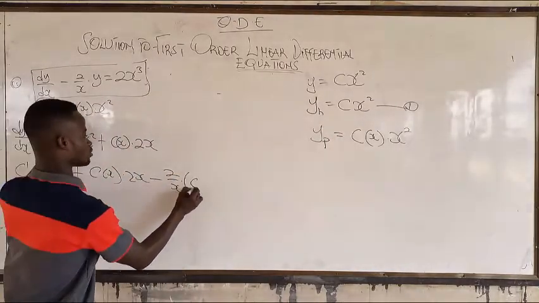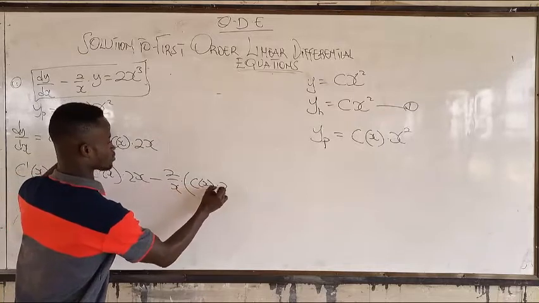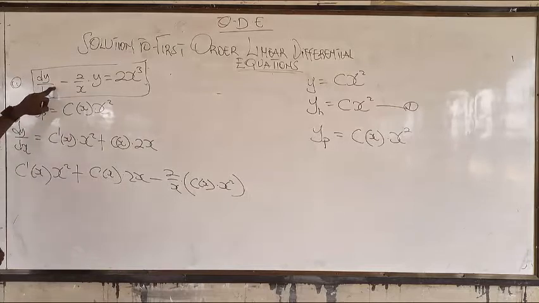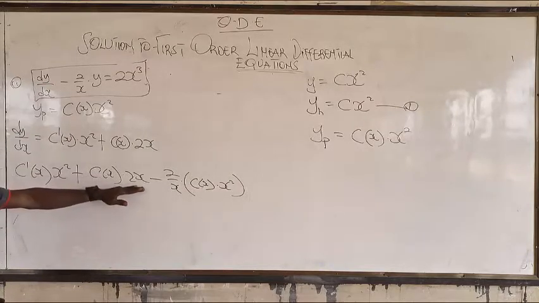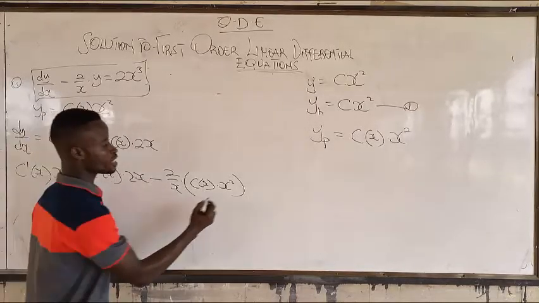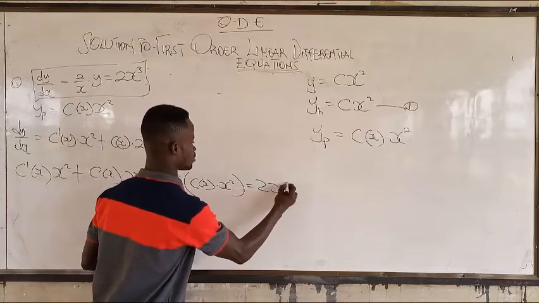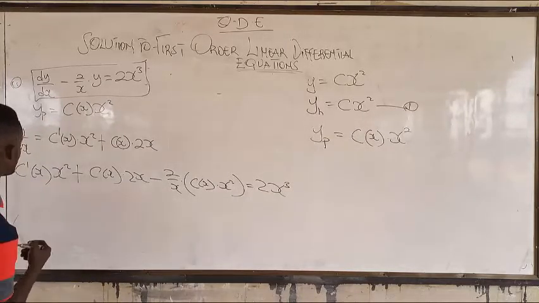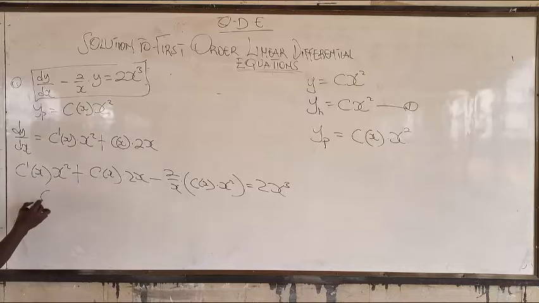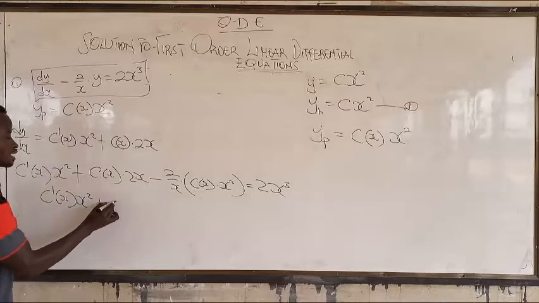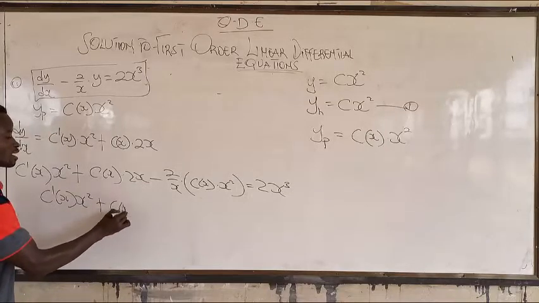So, we have this to be this minus this multiplying this. Then we equate it to 2x. Okay. Let's continue to simplify it. So c prime of x, here, no matter what you like, something must kill a man.